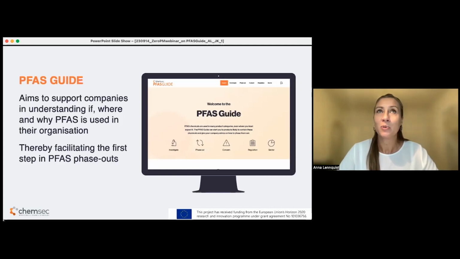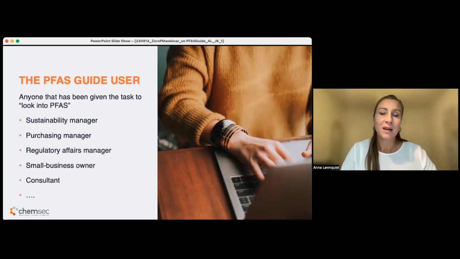And so this is what we have tried to do with the PFAS guide. It comes very much from a product use function perspective, and it talks about PFAS much like a group, so PFAS in general. So it helps with the first step that we call mapping of PFAS, like where is it in your business?